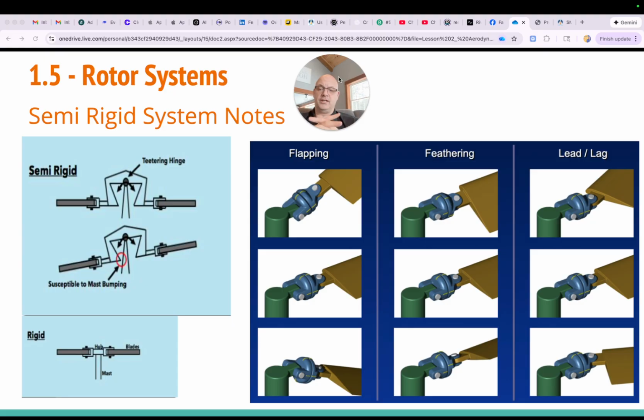Of course, you see here the different mechanical functions of the flapping, feathering, lead, and lag. Again, if you go online and you specifically ask the question, if you want to learn more about that, there are some very interesting mechanical drawings more than anything else, where you can see the function in flight itself, which might help deepen your understanding of the blade system.